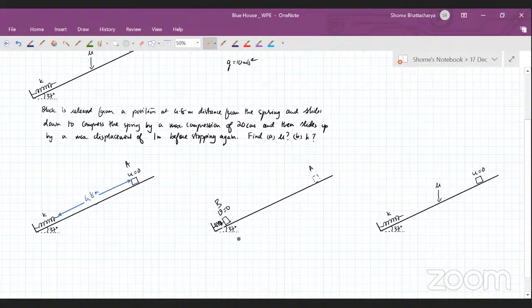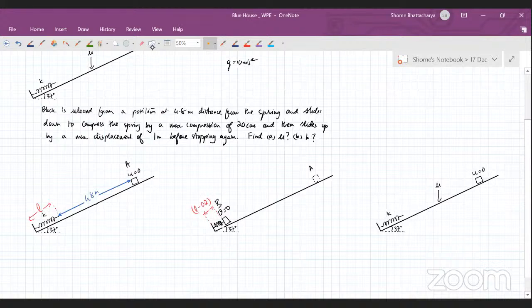So let's take this as the position B of the block. So here, if this was the natural length, here this distance is becoming L minus 0.2 meters or 20 centimeters.